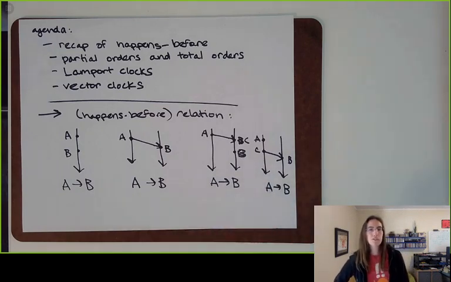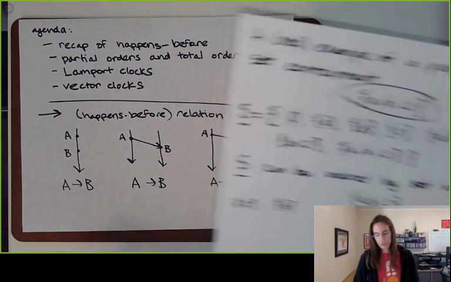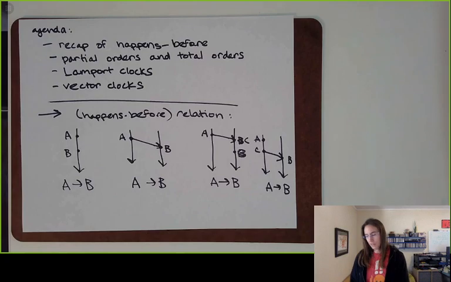There were a couple of good questions just now in chat. One person asked, what's the difference between a partial order and a partially ordered set? There's not really a difference. A partial order, like we said, is a set together with a binary relation.